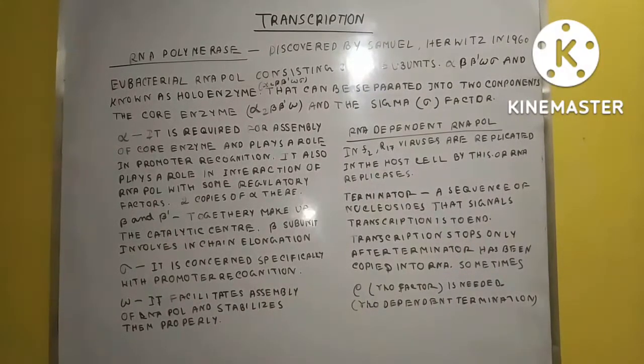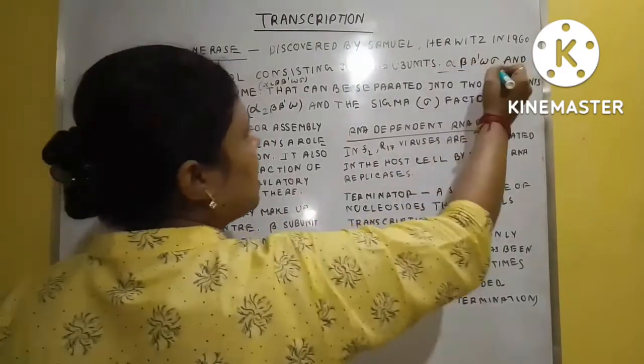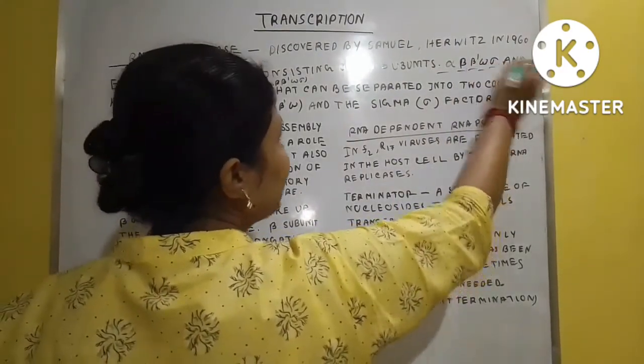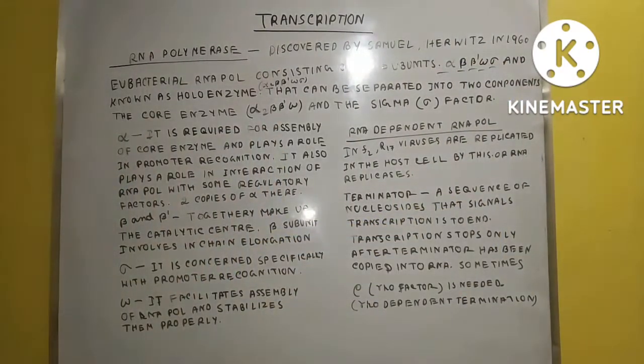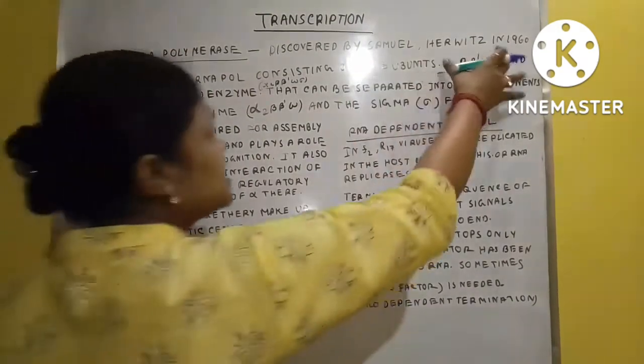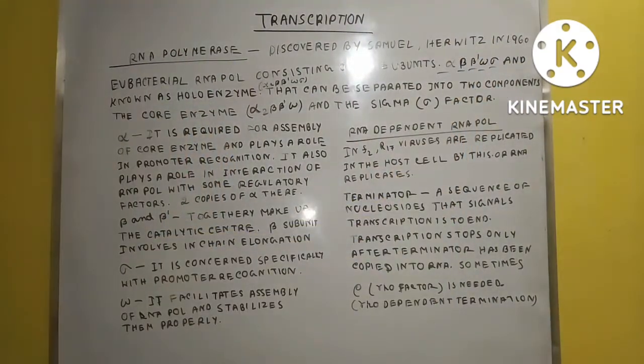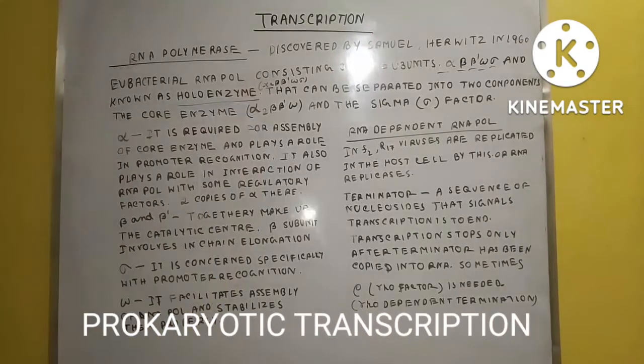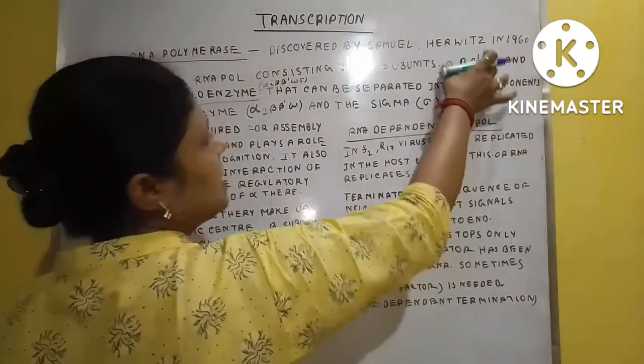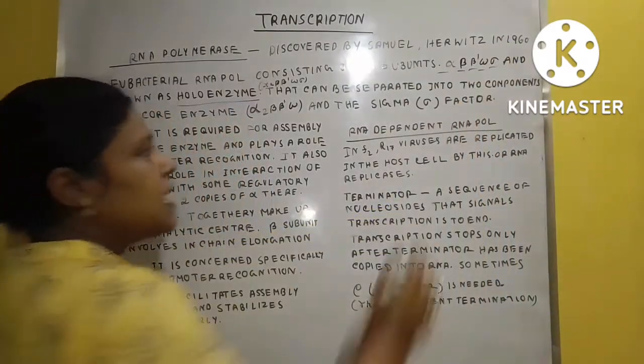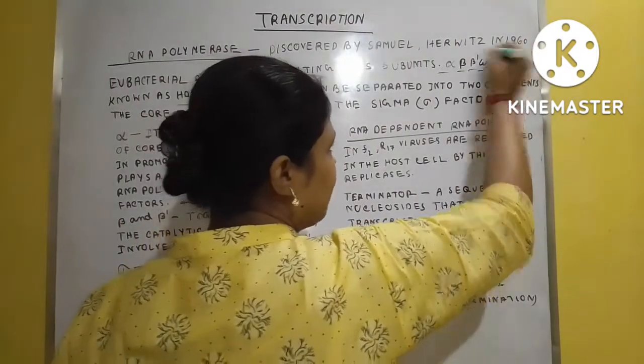Actually, the RNA polymerase has 5 subunits: alpha, beta, beta dash, omega and sigma. If these are all present within the RNA polymerase, then it is called the holoenzyme. Among these, sigma is another factor.